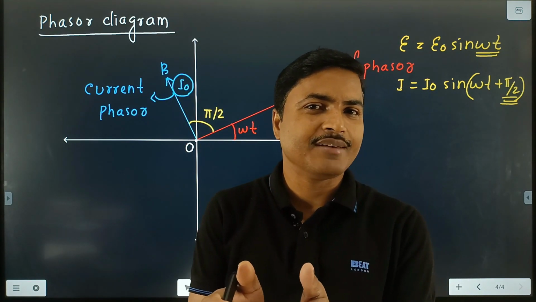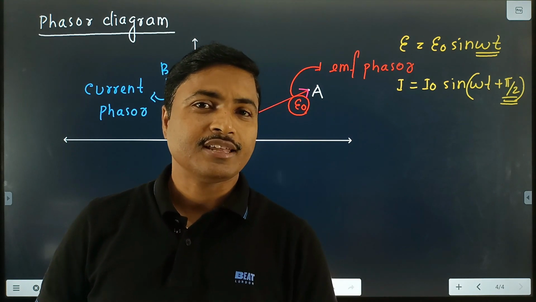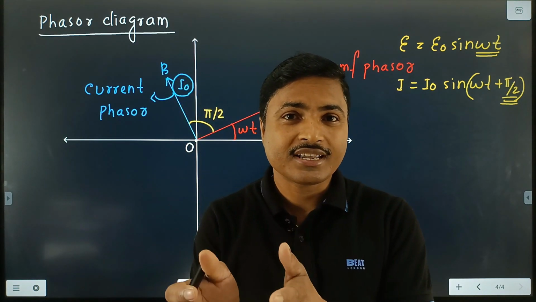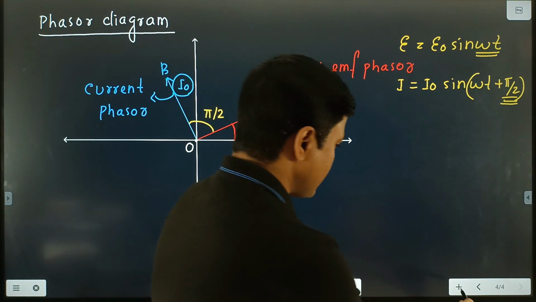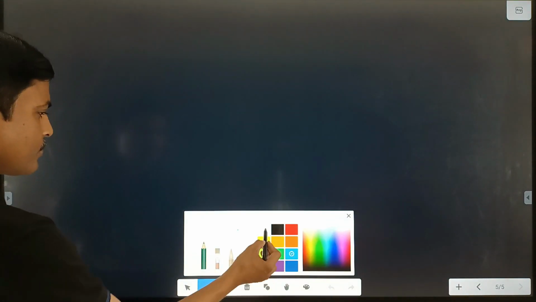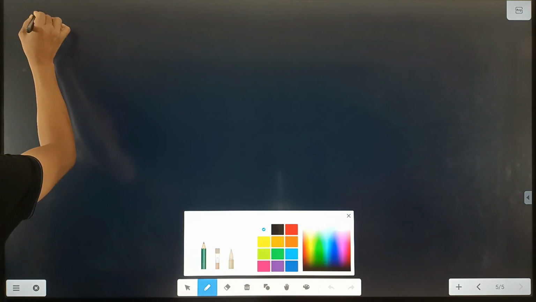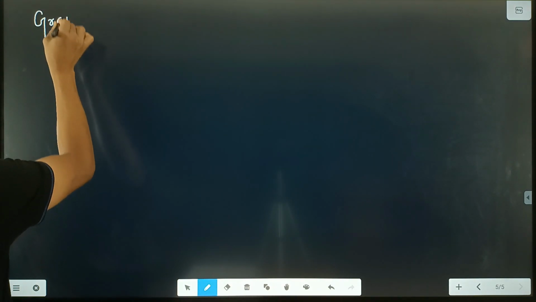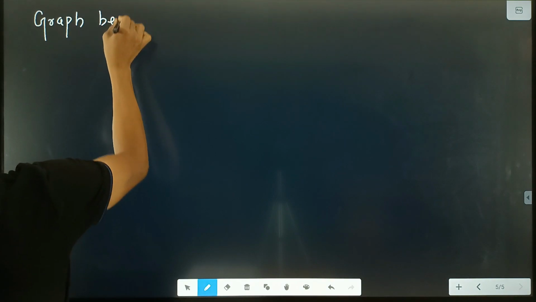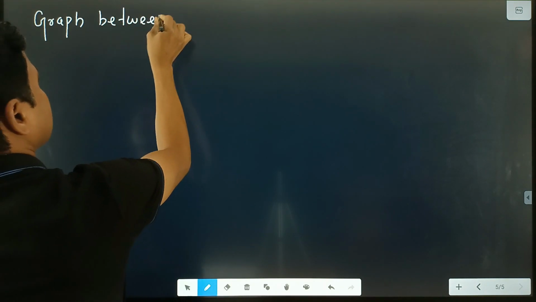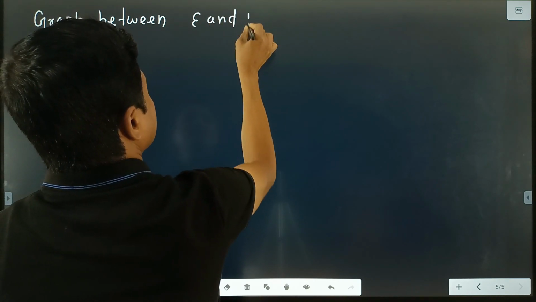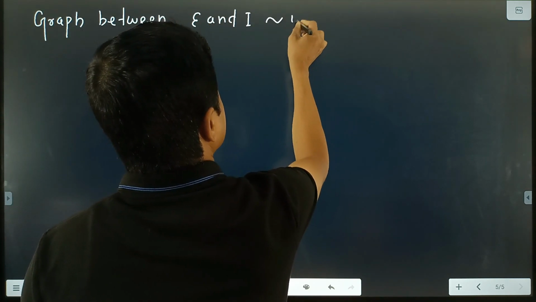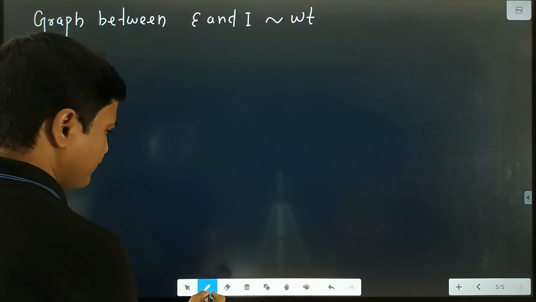Then we draw the graph between E and I. E means your EMF, also known as voltage. That means a graph between voltage and current versus omega t. Now you draw the graph. Graph between voltage and current versus omega t.